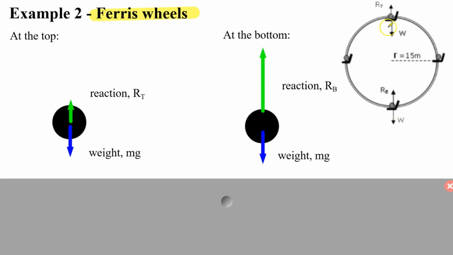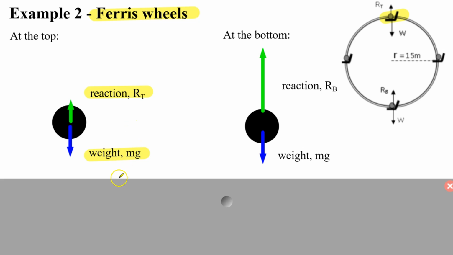So let's have a think about at the top. The weight always acts downwards, that's fine. Now we don't have a tension pulling us towards the center as we did with the object on a string. Because we're moving a lot more slowly and because there are people sat on chairs, if someone's sat on a chair, then there's a reaction force acting upwards of the chair on the person. So that's actually acting upwards rather than the tension acting downwards.